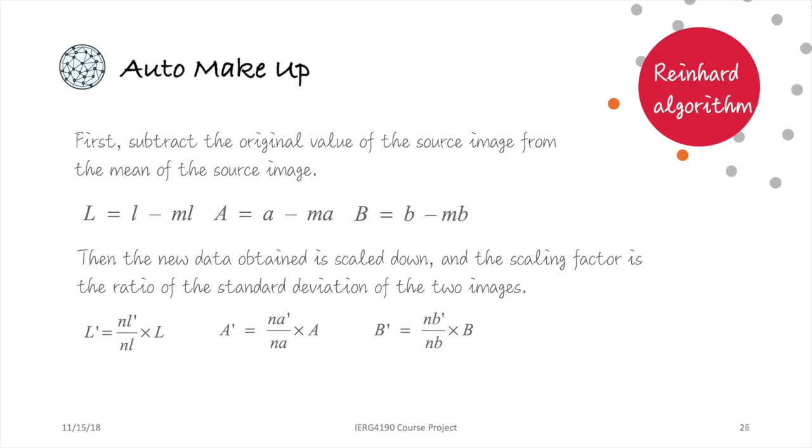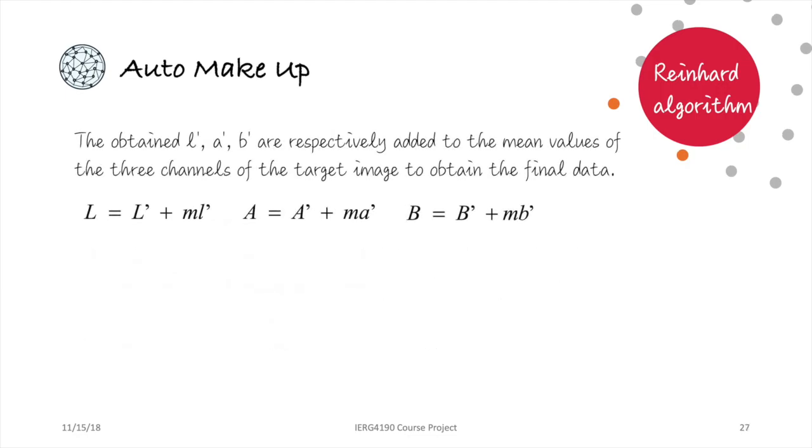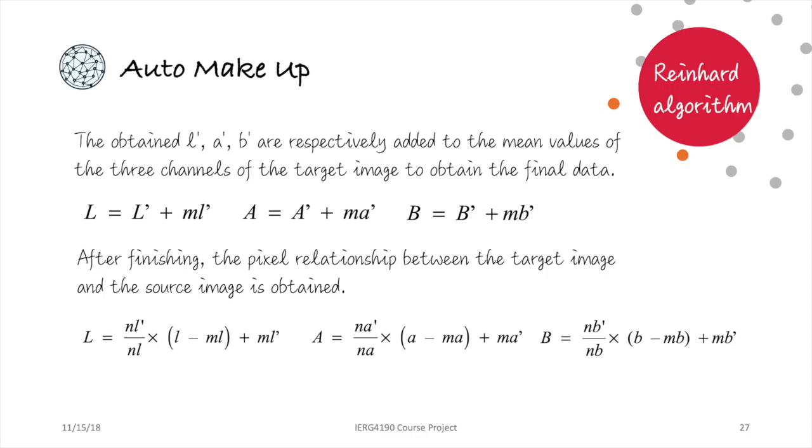Then, L prime, α prime, β prime are added to the mean values of the 3 channels of the target image to obtain the final data. After finishing, the pixel relationship between the target image and the source image is obtained.